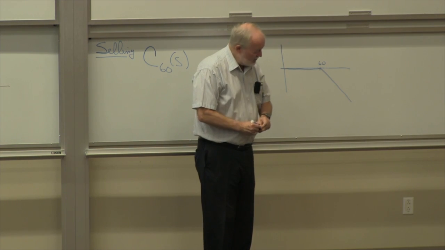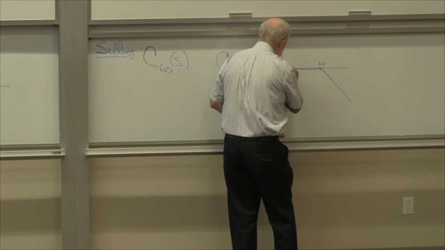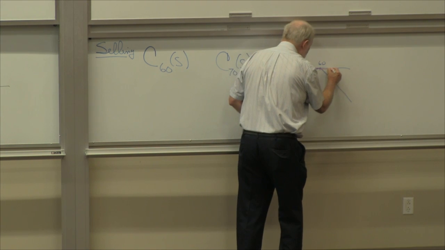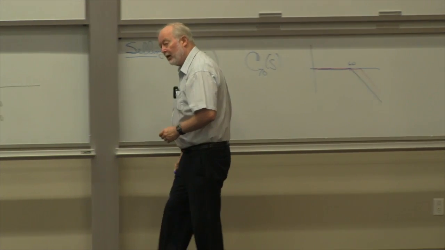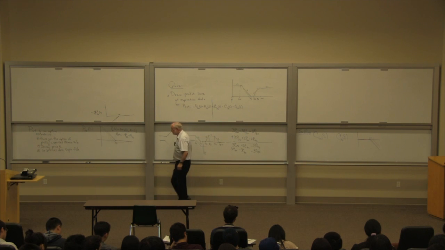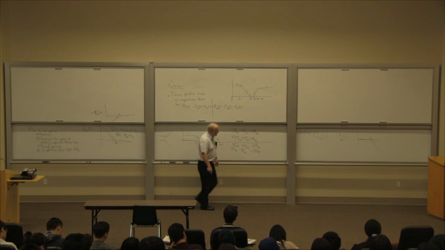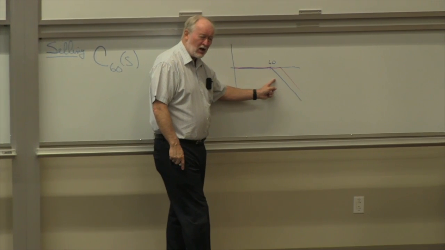The other option is fine until I get to 70, and then I start losing money. So what happens is I'm going to start losing money at a lower stock price here.